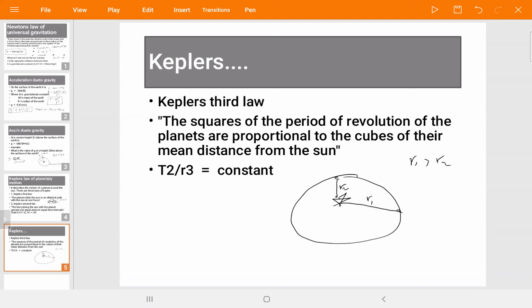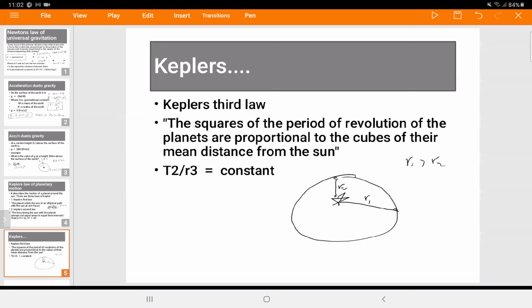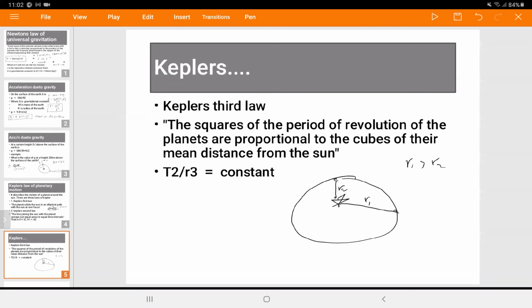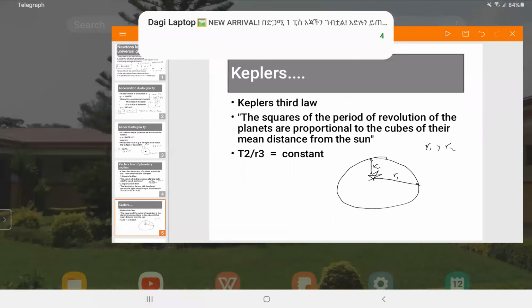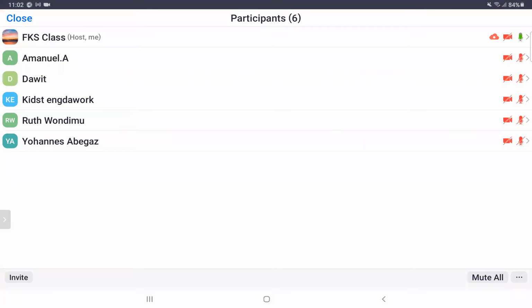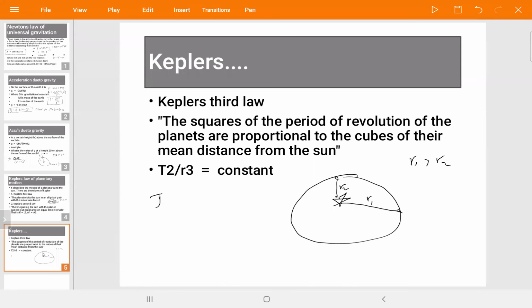And we have to take an average distance rather than taking one of the distances. We have to take a mean distance, or an average distance, and assume this average distance is R. Then the square of the period, one complete revolution, for example, for the Earth, the period is 1 year.